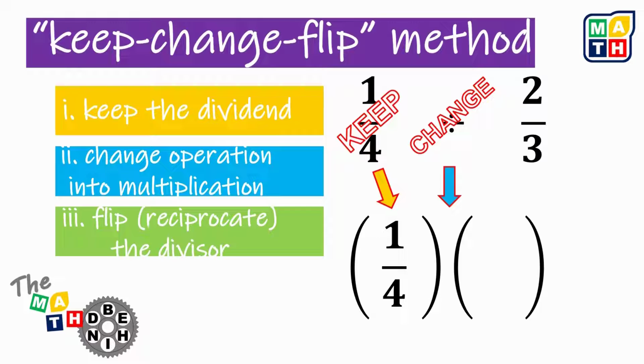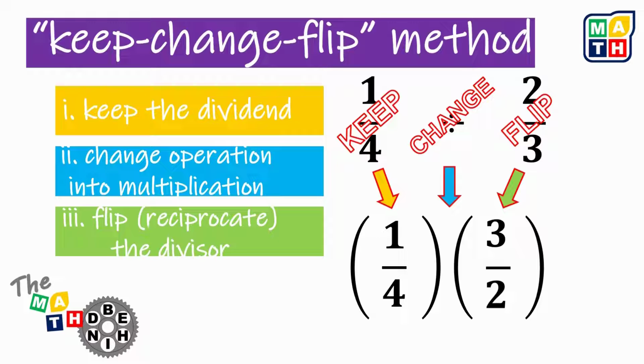And finally, we are going to flip or reciprocate the divisor. So instead of 2/3, we are going to interchange the values in the numerator and denominator, and the value is, instead of 2/3, we will get 3/2.